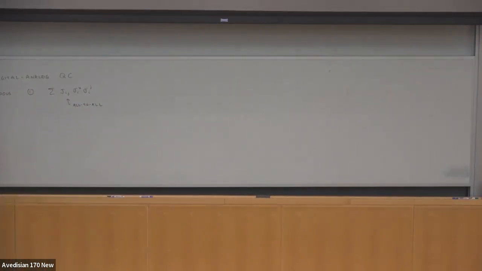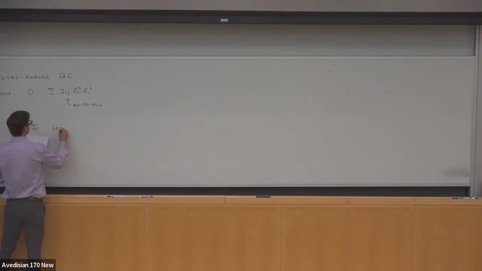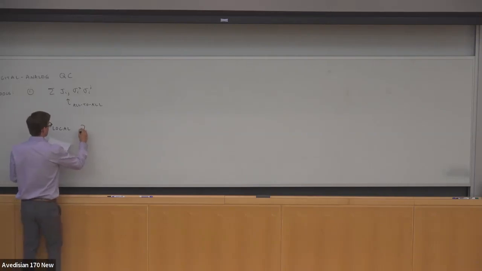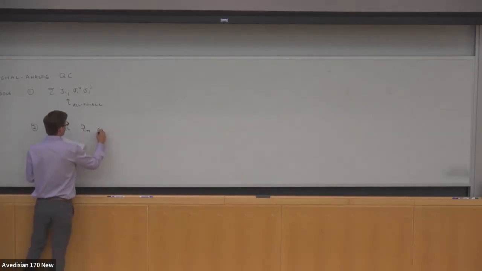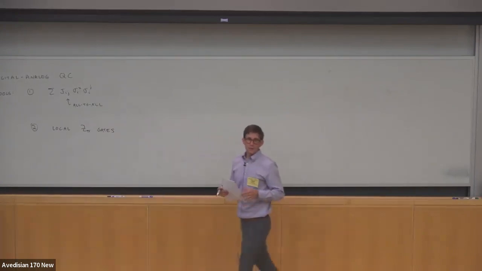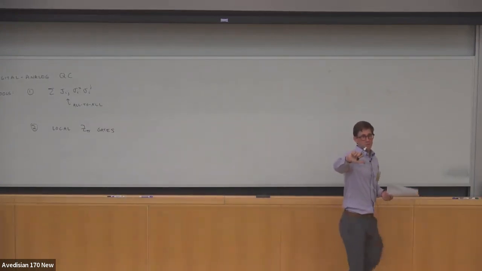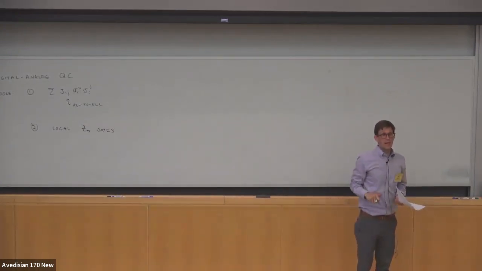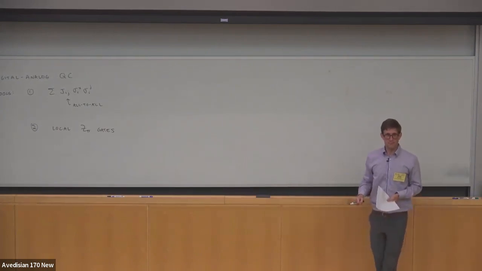All you need here is a fully connected Hamiltonian for this to work. And then the second tool that you need is a local Z pi gate. In other words, have the ability to flip a spin along the Z direction by pi, but pick which spin you want to flip.